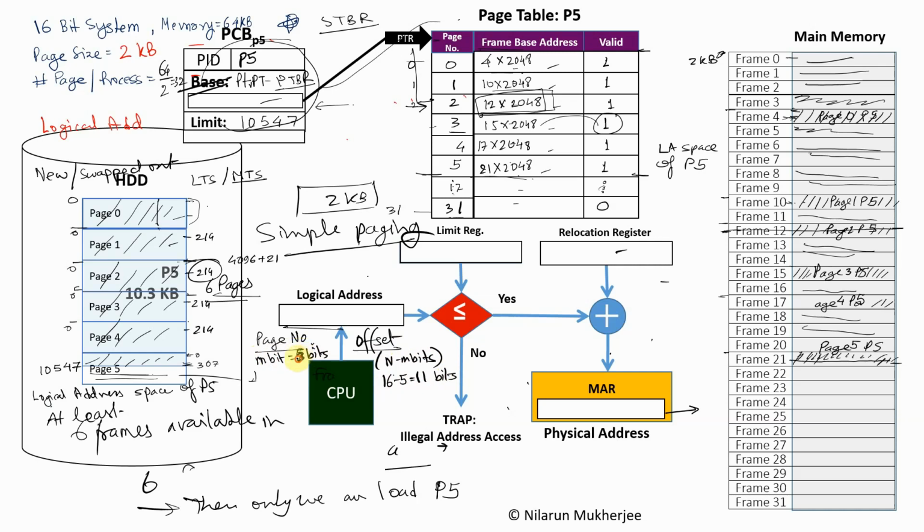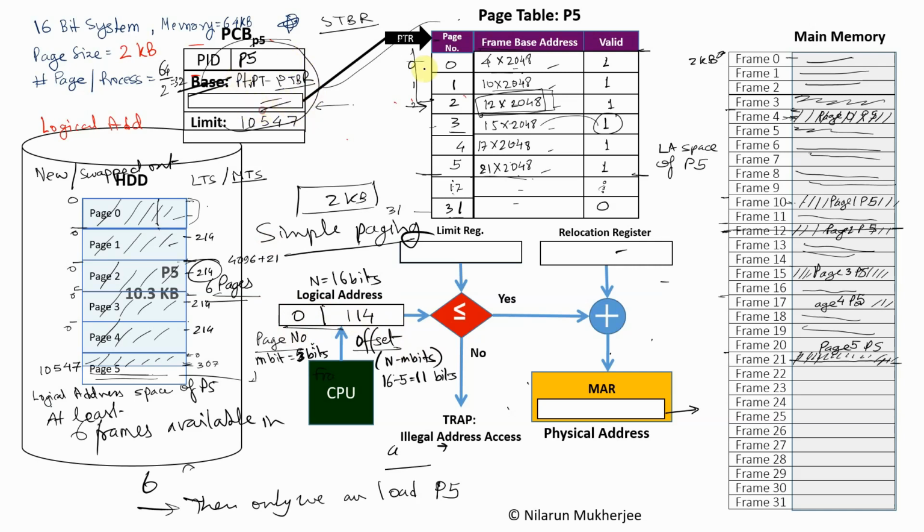Sorry, here it is 5 bits, and total n is 16 bits. So I have a 5-bit page number and 11-bit offset. So suppose it is now trying to access page 0 and offset 114.